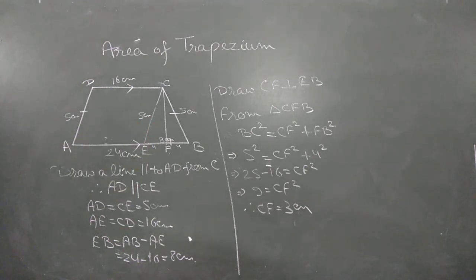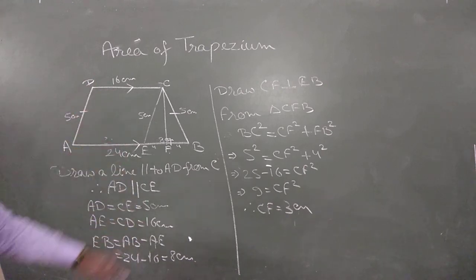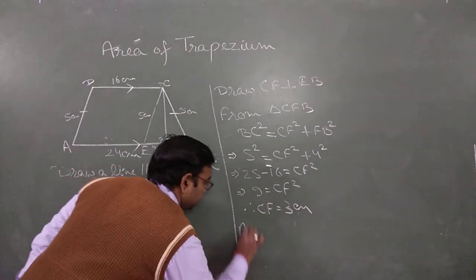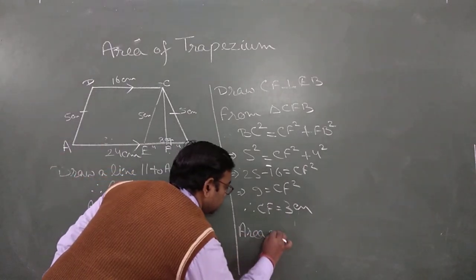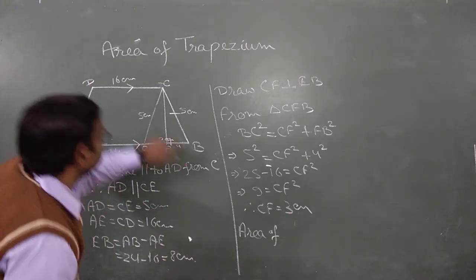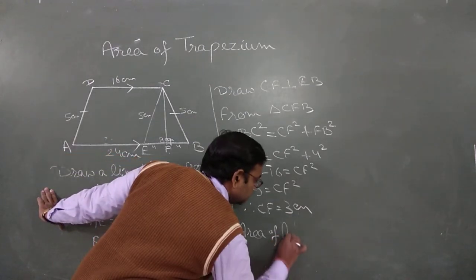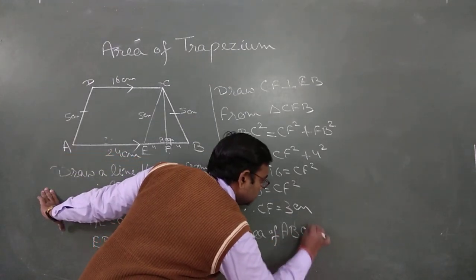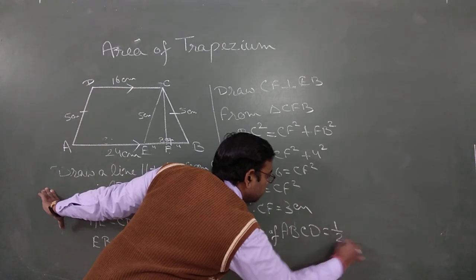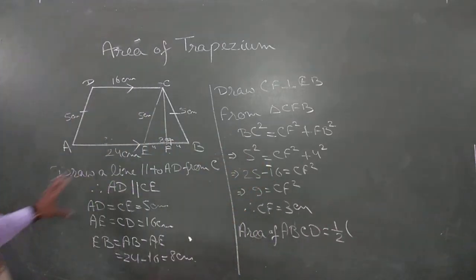So we can easily find out the area of the trapezium. It's half of the sum of parallel sides into height. So you can write down area of ABCD equals half of the sum. I am not writing the formula because we have less space.